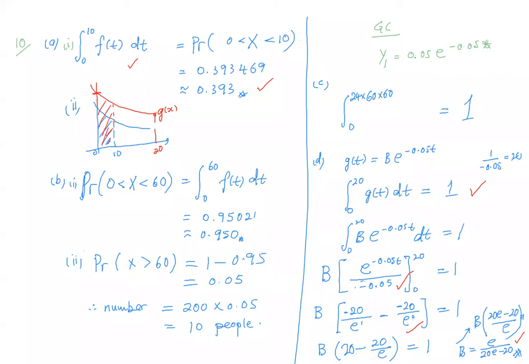The green one, the red one is for the food queue. It is more probable that an individual spends between 0 and 10 minutes in the food queue as the area under the graph of g(t) is greater than f(t). So there you get your 2 marks.